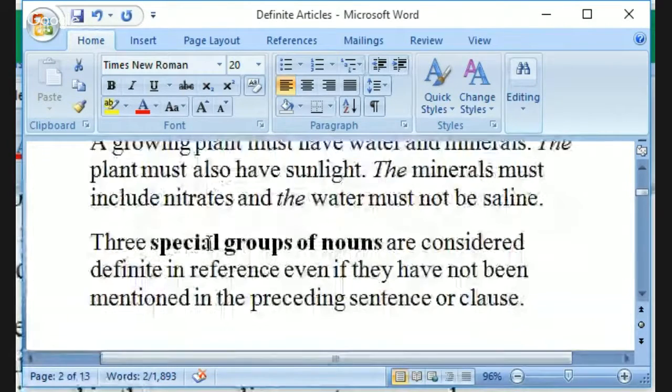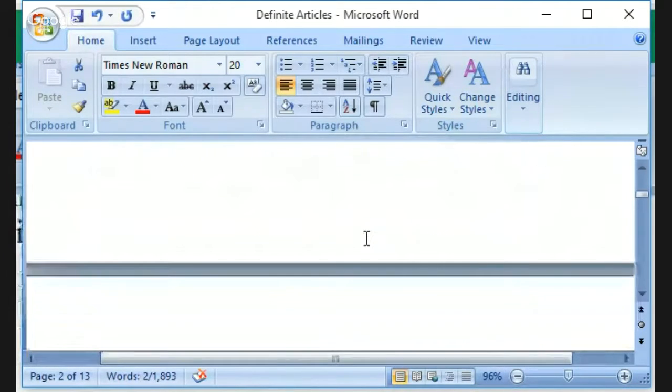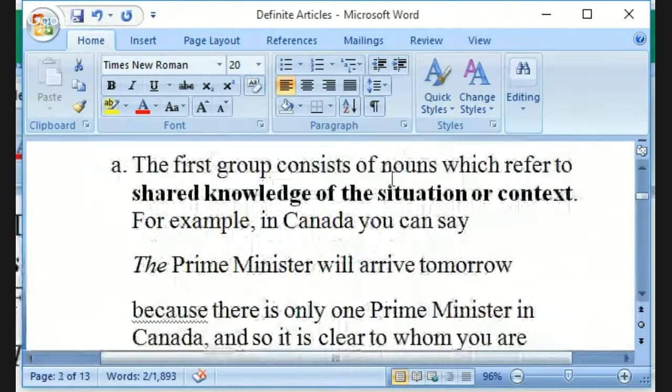We can call some nouns specified automatically, for these reasons. First, because we know that the listener understands the context or the situation.